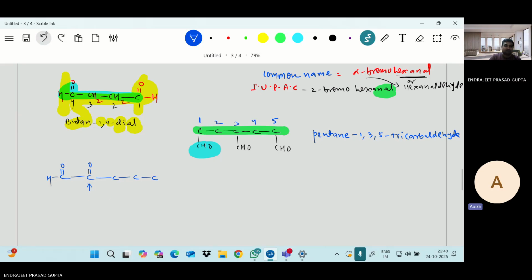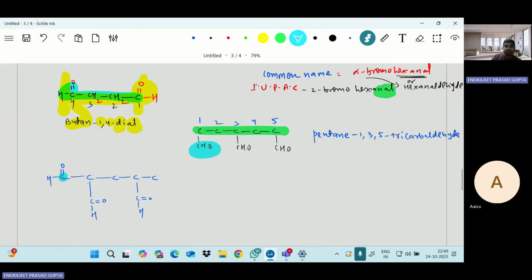So then, how is this pentane 1,3,5-tricarbaldehyde possible? Carbaldehyde is possible because if you are writing here CHO and the side chain has C double bond OH, here the side chain has C double bond OH. So in this case, first you have to select the longest carbon chain. The functional group is a terminal functional group.